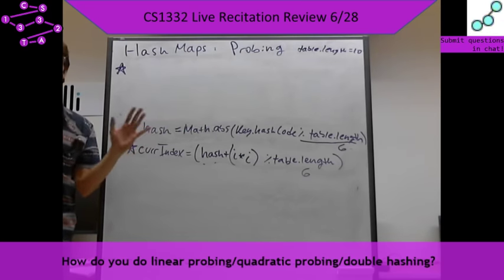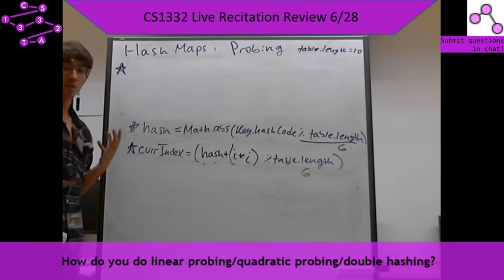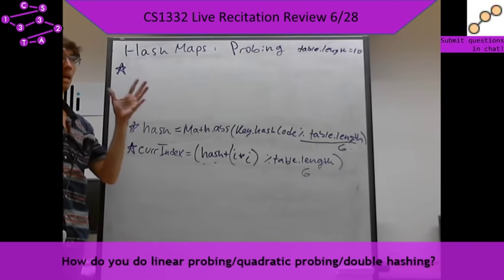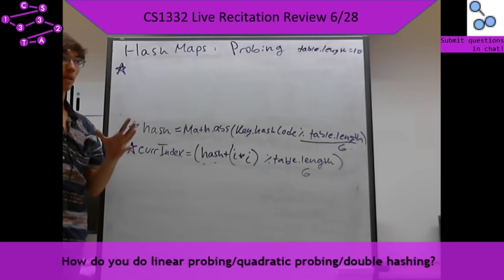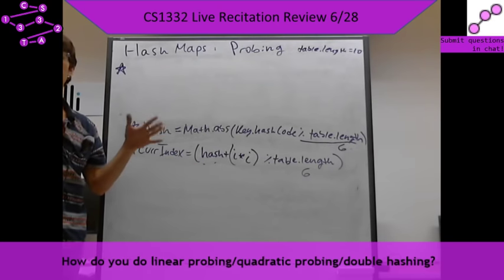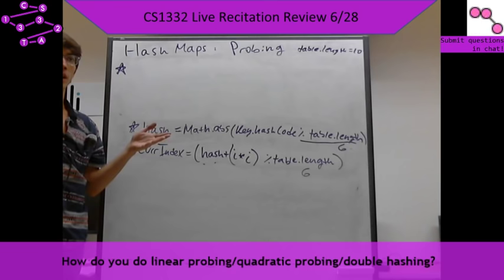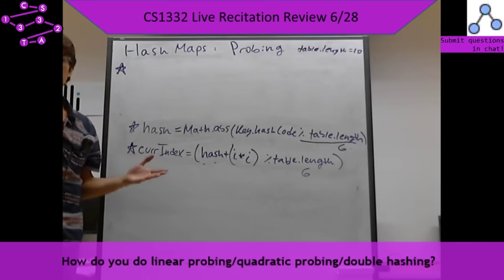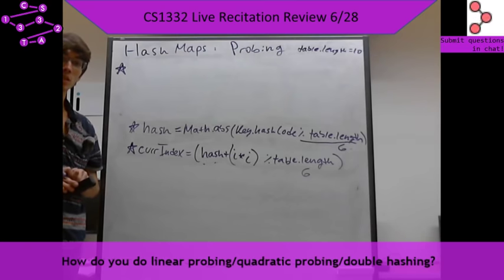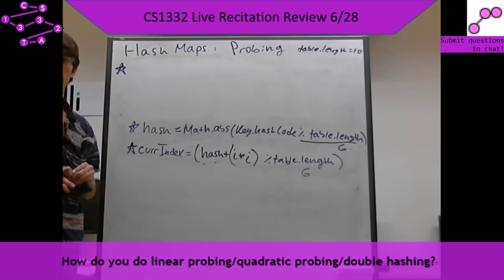You have this huge array and not everything's occupied. But when you get a good spread between elements and clusters, you're going to very quickly be able to put things, or find the thing you're looking to remove, or find that it's not there, right? So quadratic probing is going to be quicker than linear probing, right?